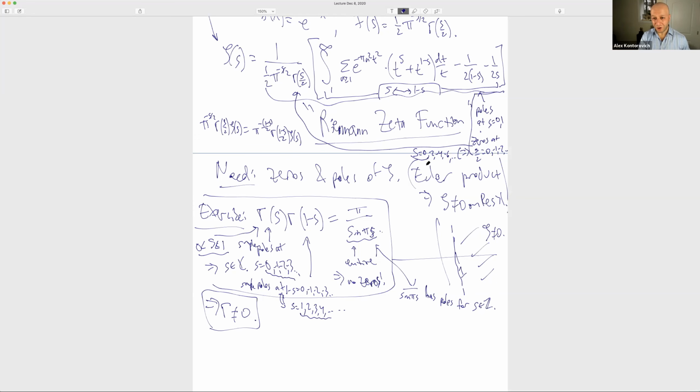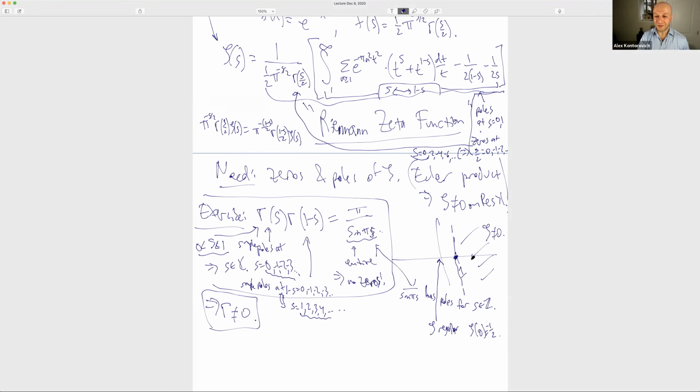So the pole of gamma at 0 cancels the pole of 1 over s at 0, and so actually the zeta function is regular at 0. In fact, zeta of 0, it turns out, is negative 1/2.